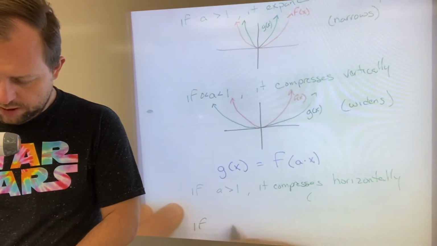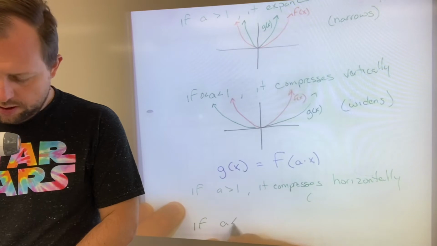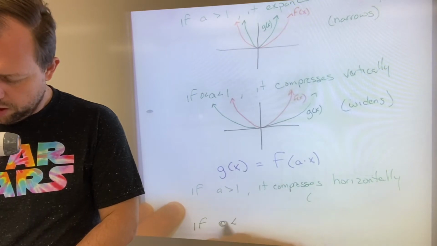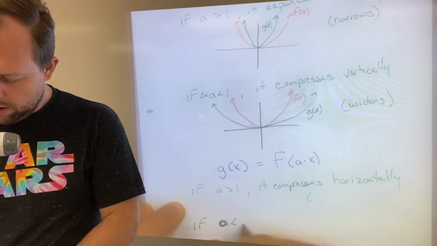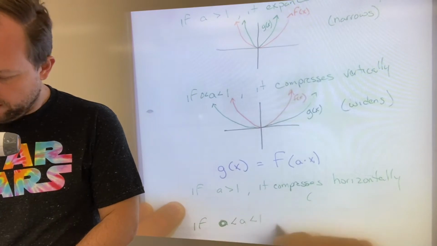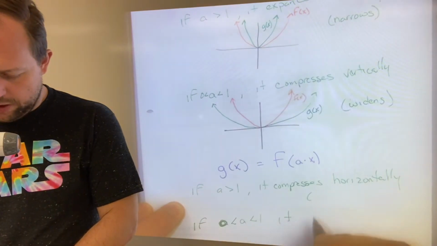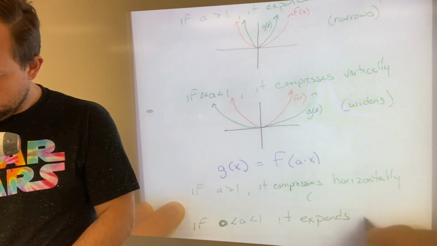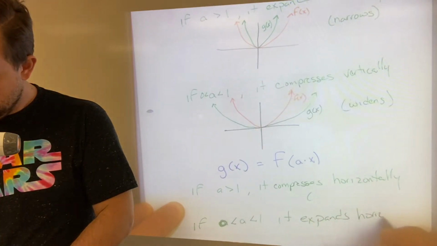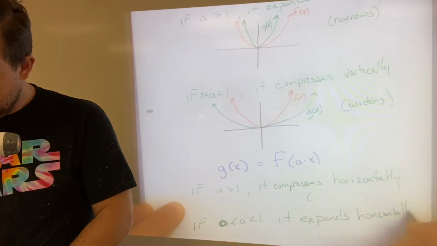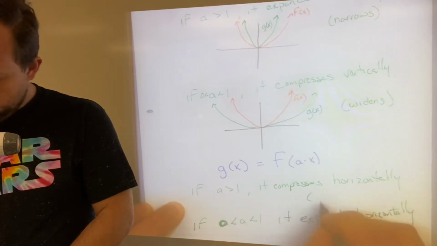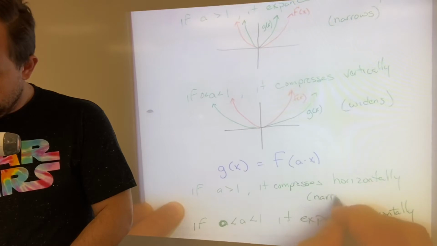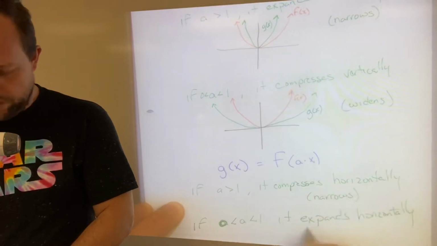And if 0 less than a less than 1, it expands horizontally. Which this is a narrows, and this will create a widens.